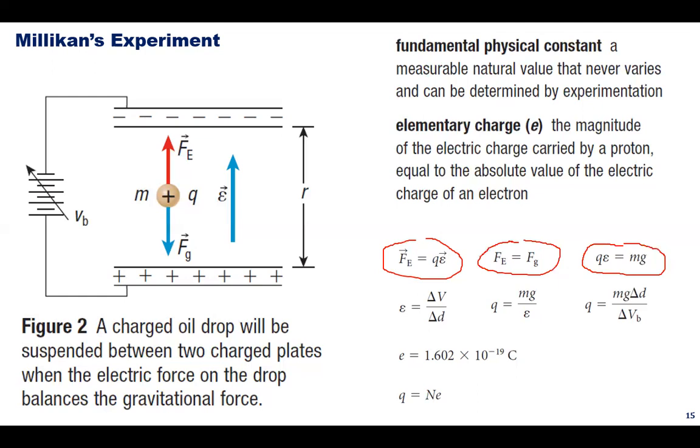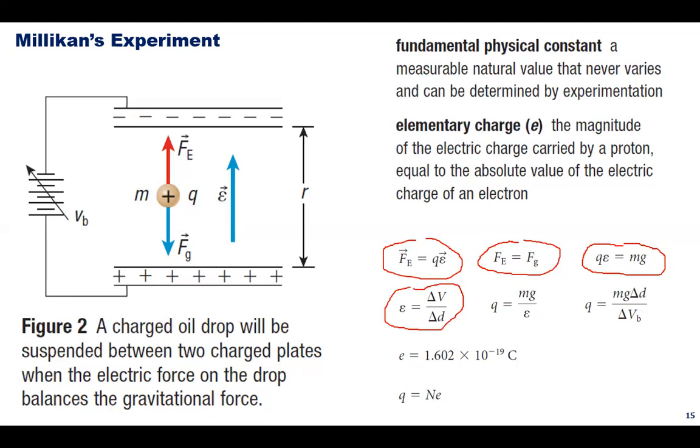So in the previous section, section 7.4, we have learned that the electric field between two charged plates depends on the potential difference delta V, right? Which means epsilon equals delta V over delta d, where delta d is the plate separation distance.